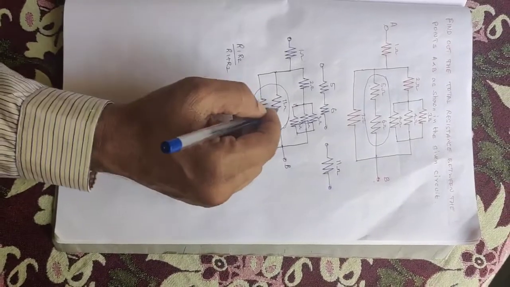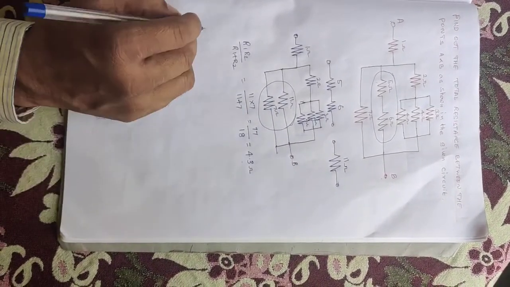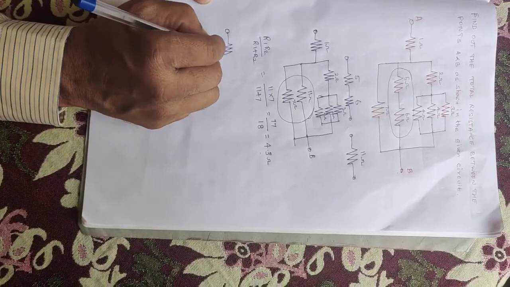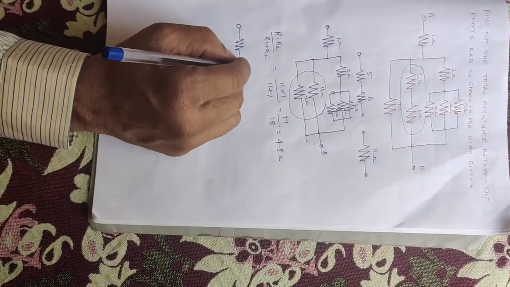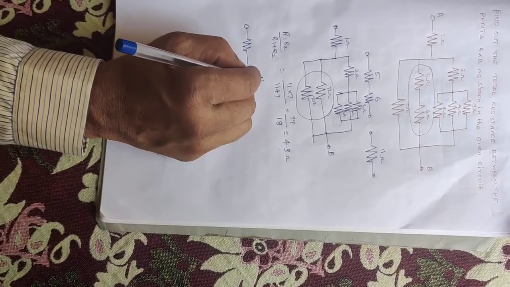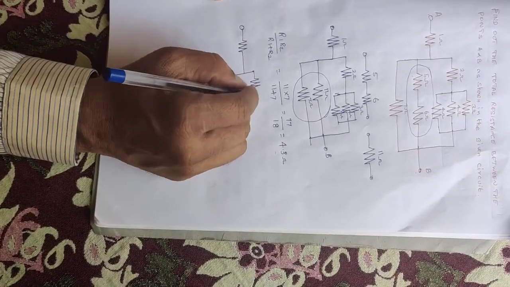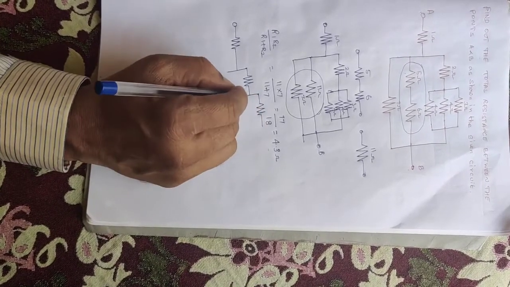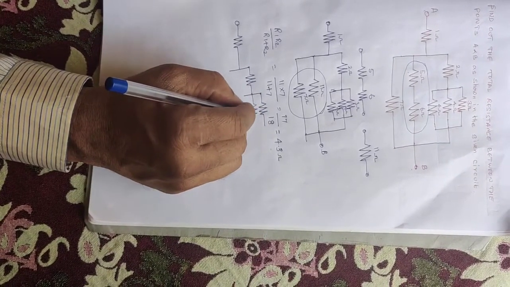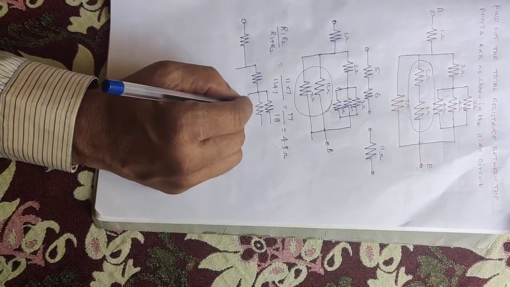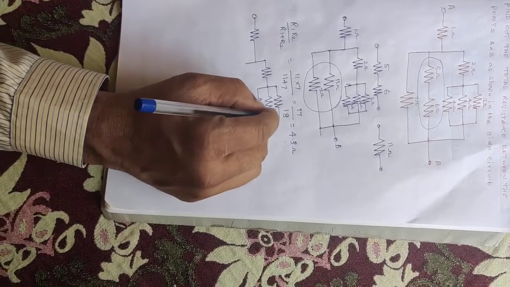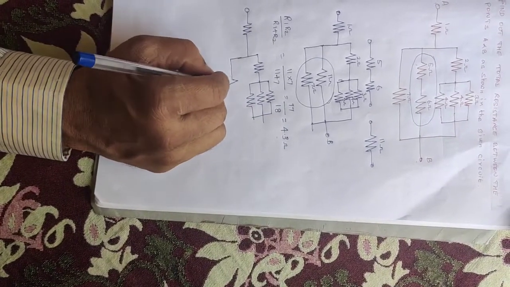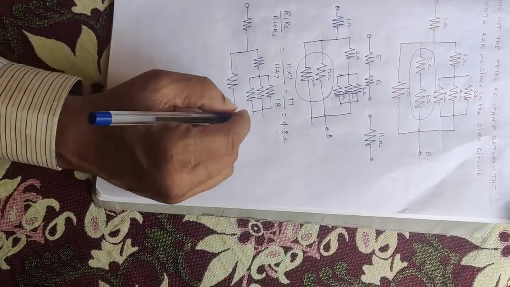Now these two will be replaced with the 4.3 ohm resistor, so the circuit will be rearranged to a single resistance of 4.3 ohms now.